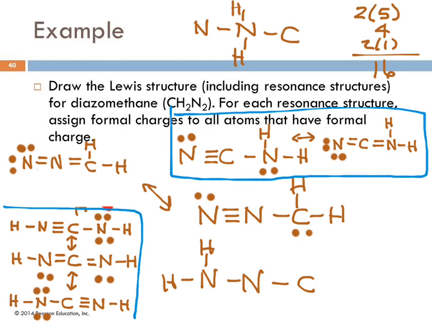Let's look at the one on the top. We've got 2, 4, 6, 8 from the bonds, 10, 12, 14, 16. Can we put a double bond anywhere?